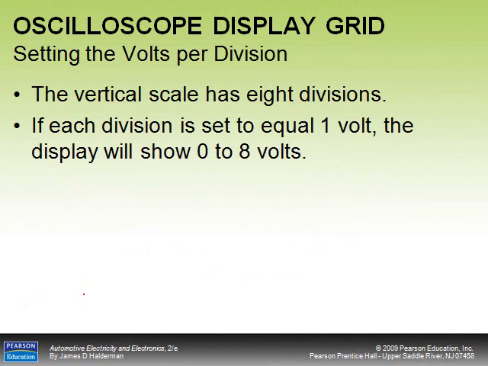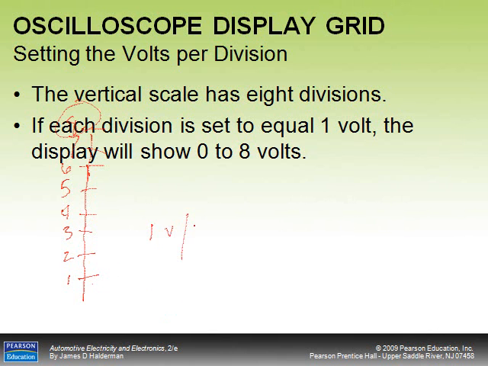Okay, the vertical scale has 8 divisions. So if I set this up to 1 volt and I've got only 8 divisions, the maximum that scope is going to show is 8. That's the maximum because we only have 8 divisions.